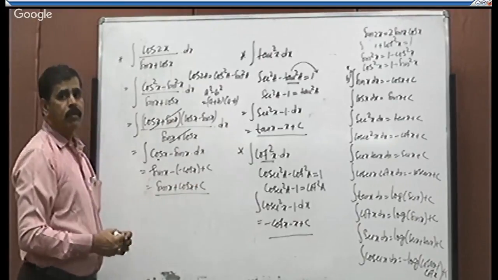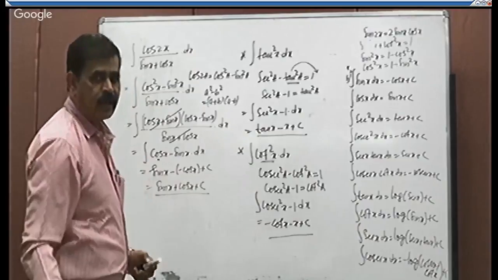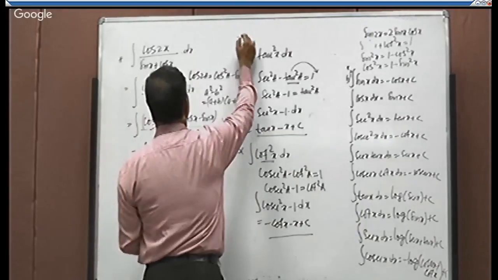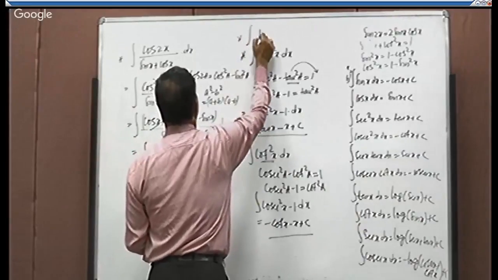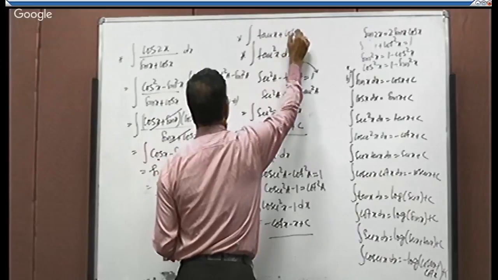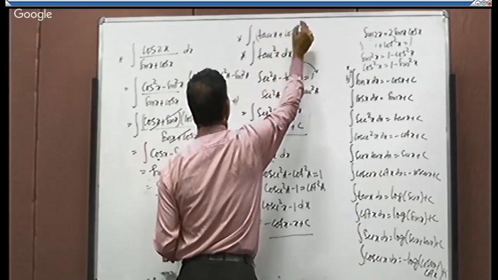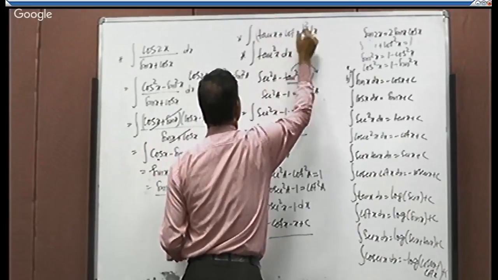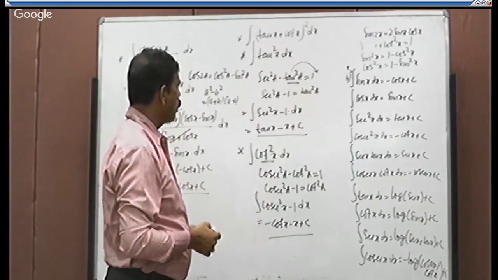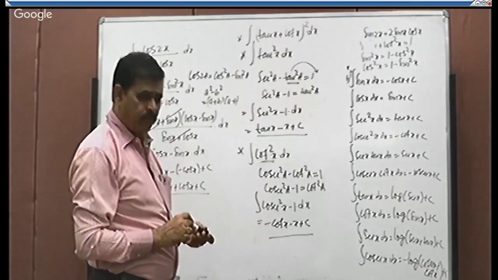Okay. Based on this tan and cot, we can frame one. This is what? Integration of tan x plus cot x whole square, or tan x minus cot x whole square. The problem is of what form?